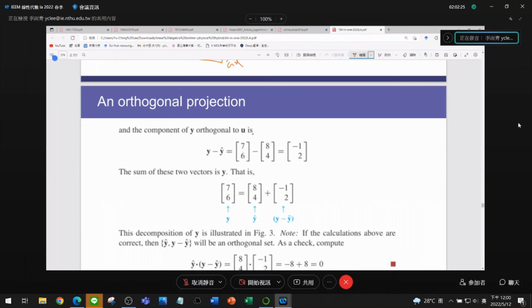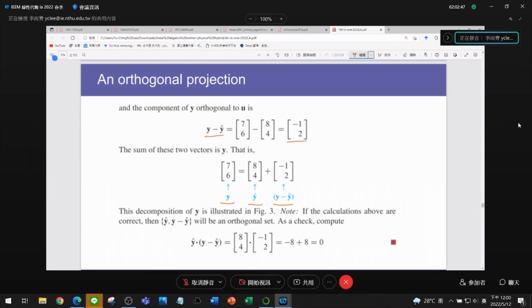And next, y subtract y hat, you get -1 and 2. So as a result, y, which is 7, 6, equals y hat 8, 4 plus z -1 and 2. And this is the decomposition that the example asks for.